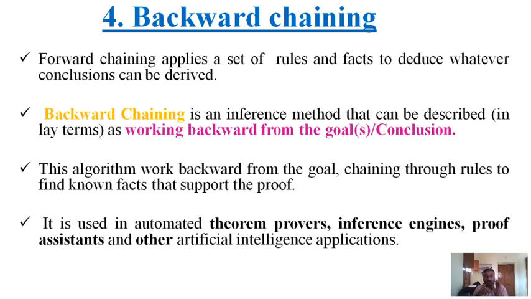In forward chaining, we move in the forward direction from the start to the goal, finding the rules, facts and everything, and finally concluding the conclusions. That comes under forward chaining. When you come to backward chaining, the reverse of forward chaining, it moves from the goal to the starting point, finding the required rules and facts to support the proofs.